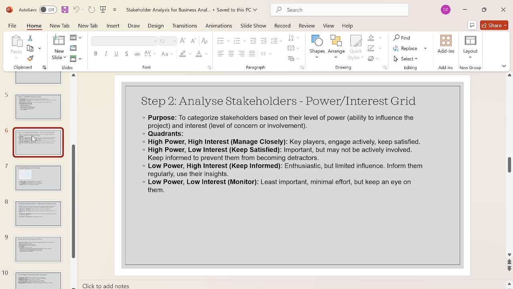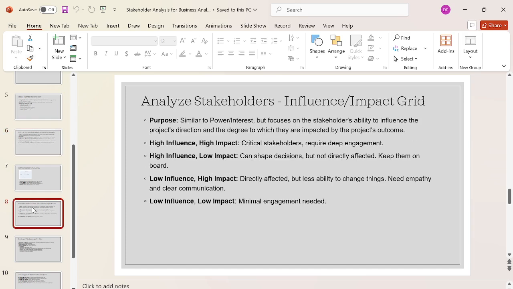The director and other team members are like project sponsors, but they have high power and low interest in the success of your project. And the marketing and sales team members have low power and low interest in the success of your project. That's an example of how to analyze your project.